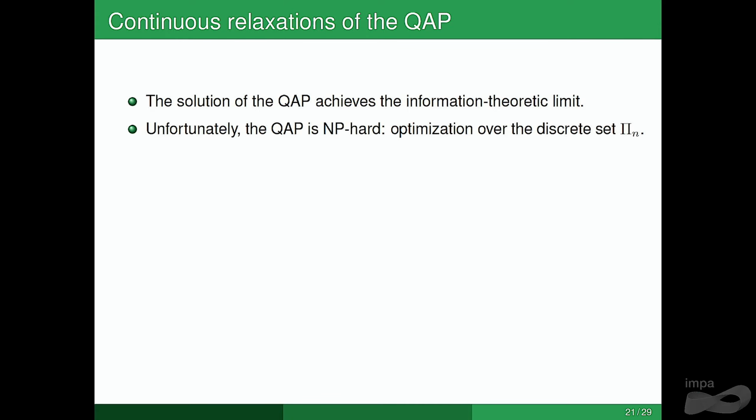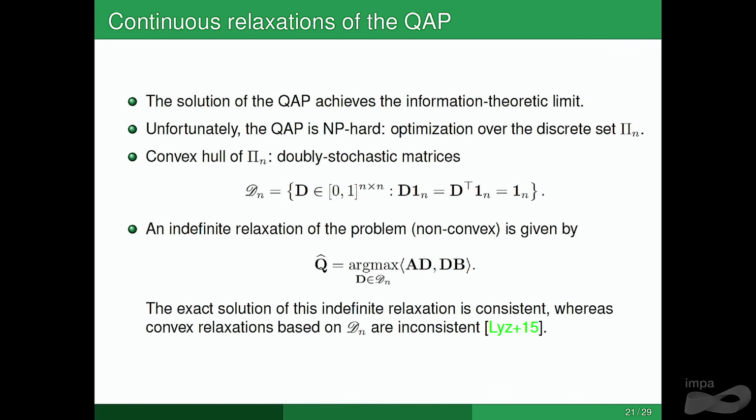In principle, solving this problem is not feasible computationally, or there's no known algorithm that can do that. One potential idea, which was proposed by Lyzinski et al. in 2015, is to relax the set of permutation matrices to the convex hull, which is the set of doubly stochastic matrices. In other words, these are the matrices D such that the sums of the rows and columns are equal to 1.